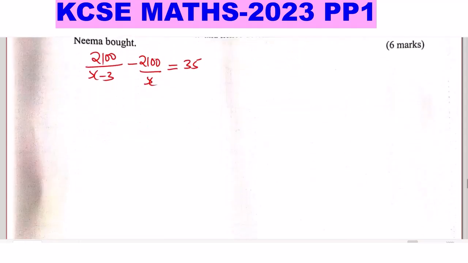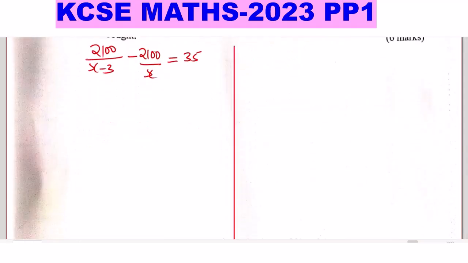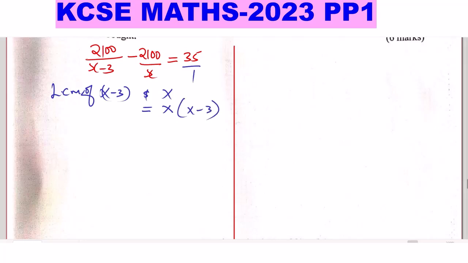So now we need to solve this equation. To solve this equation, you can begin by dividing this one by 1. Look at the denominator. Get the LCM of X minus 3 and X, and then 1, which will give X times X minus 3. Then multiply each term by that LCM.